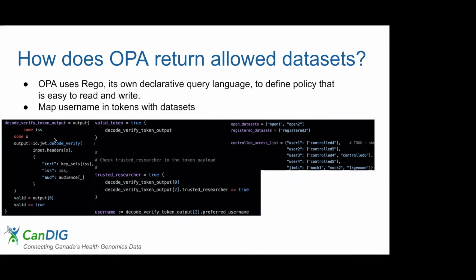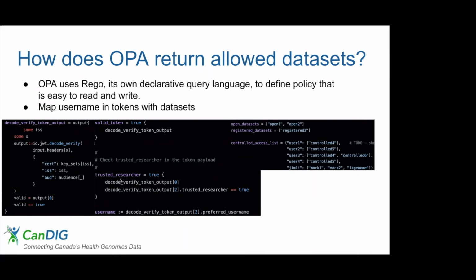In the following pictures, there is sample code in Rego. Rego provides built-in decode and verify JWT functions. In this function, it will decode and verify the token. In the picture in the middle, the valid token works as a function that returns a Boolean, so you will check if the token is valid.